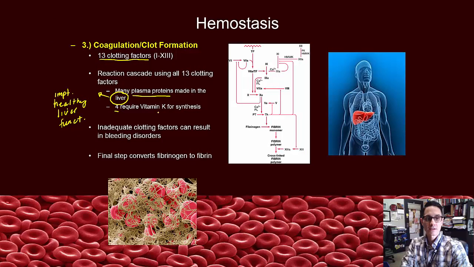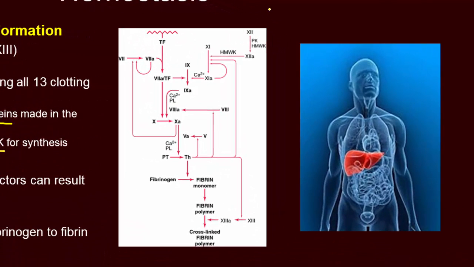Four of the clotting factors actually require a vitamin for their synthesis, vitamin K. Even though vitamin K isn't directly responsible for this process, and you can see this process of clot formation right here, I'll draw a couple of arrows for you. It's a very complex process, and four of these clotting factors require vitamin K for their synthesis. So vitamin K acts in the liver to help these clotting factors be produced. Okay, so the clotting factors, as I mentioned, there are 13 of them.